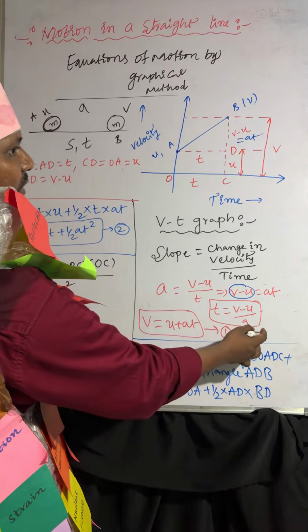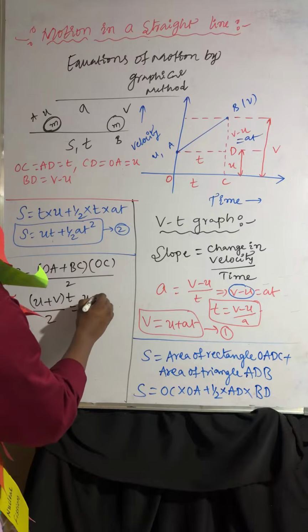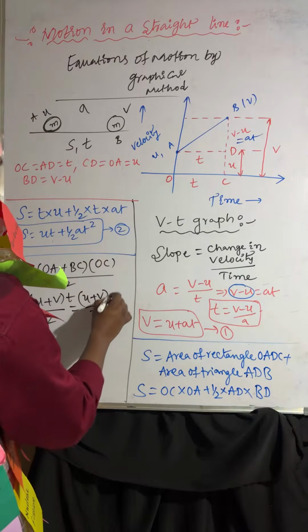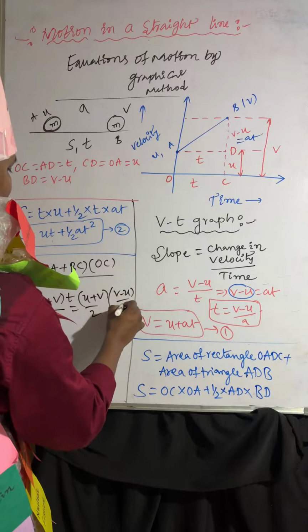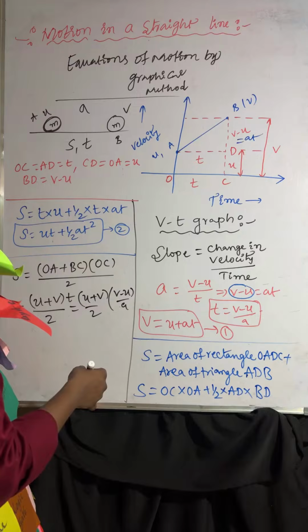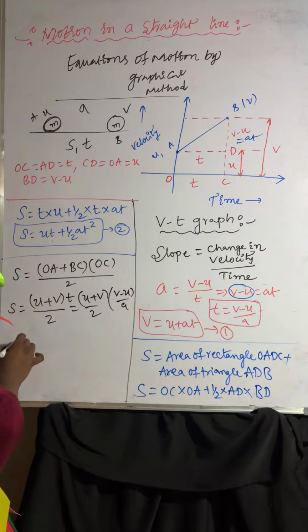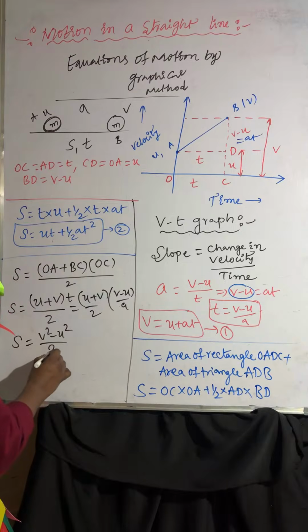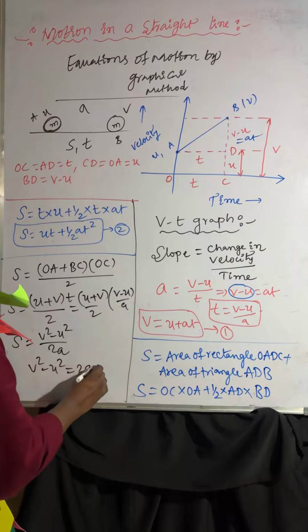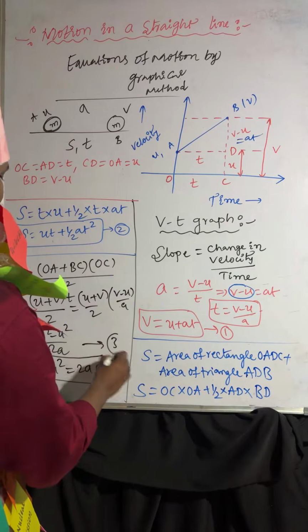Now substitute the T value: U plus V by 2 into V minus U by A. We know A plus B into A minus B. So S equal to V square minus U square by 2A. Then V square minus U square equal to 2AS. Understood? I hope this is the third equation of motion.